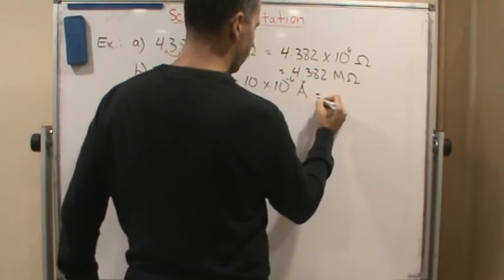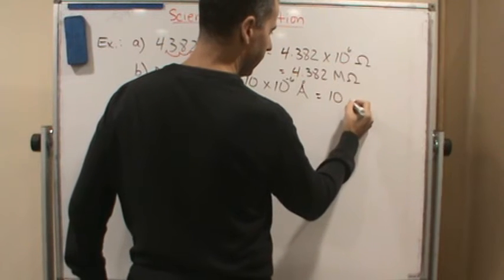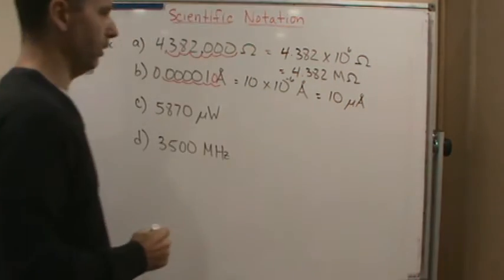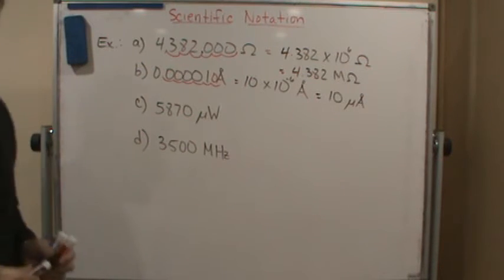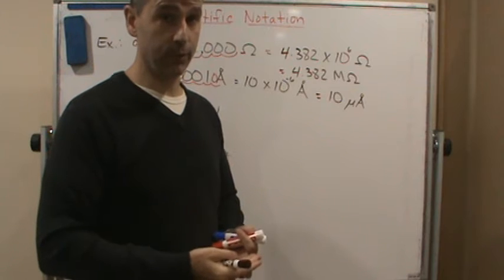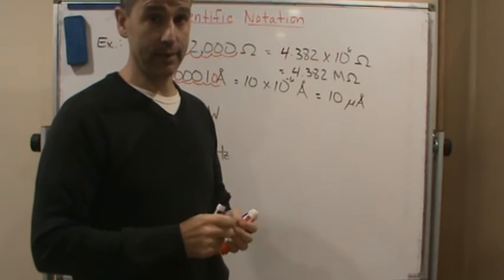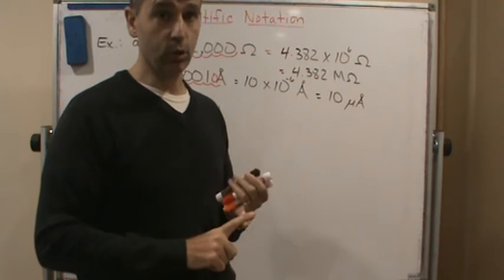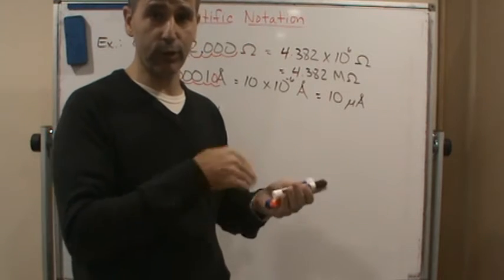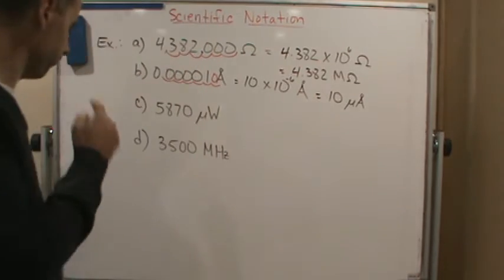So this would be equal to 10 micro angstroms. Okay? And again, make sure you know the symbolism for each one of the prefixes. You got to memorize them. Look online. You can find tables of the prefixes online or in your textbook.